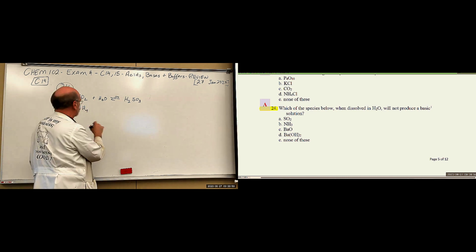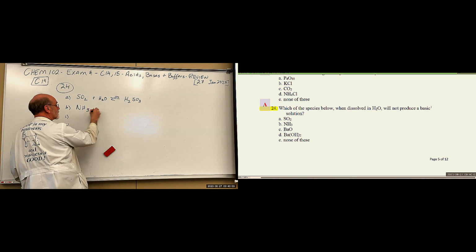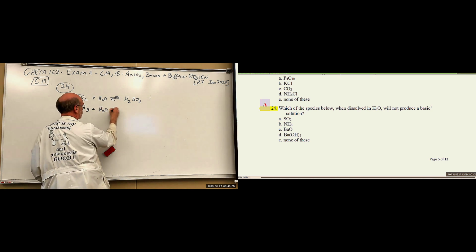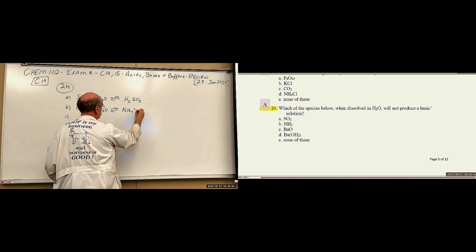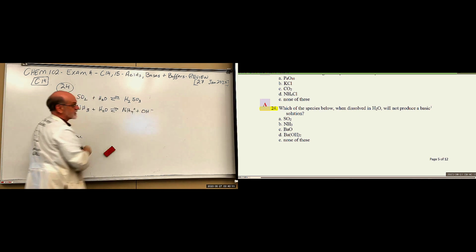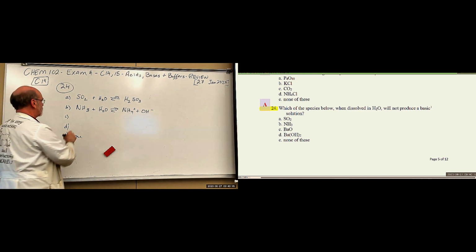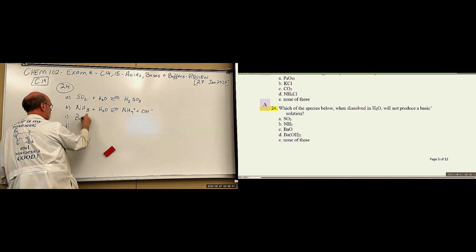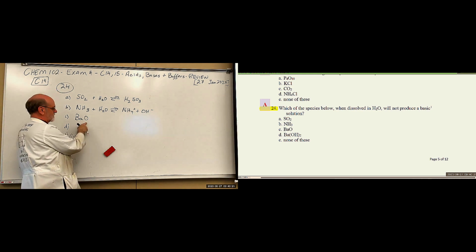Ammonia. So when you dissolve that in water, it makes a basic solution. BaO. This is a basic anhydride, a metal oxide.